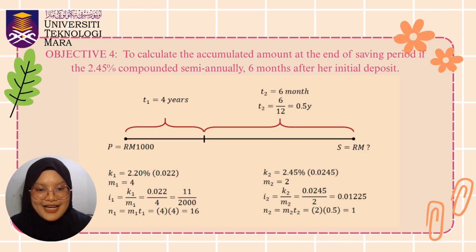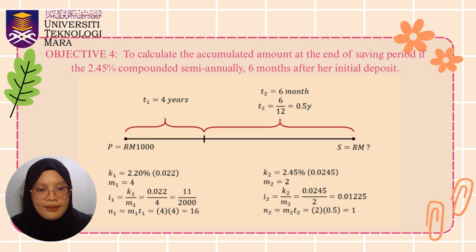Objective 4. To calculate the accumulated amount at the end of the saving period if the interest rate changed to 2.45% compounded semi-annually 6 months after her initial deposit. We have K1 equals 2.20%, which is 0.022. M1 equals 4. I1 equals K1 over M1, equals 0.022 over 4, equals 11 over 2,000.